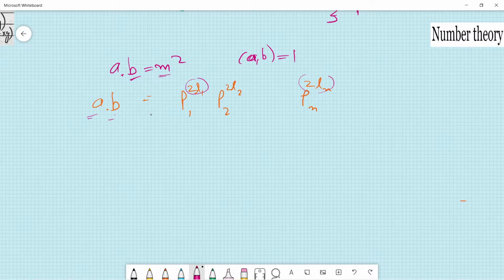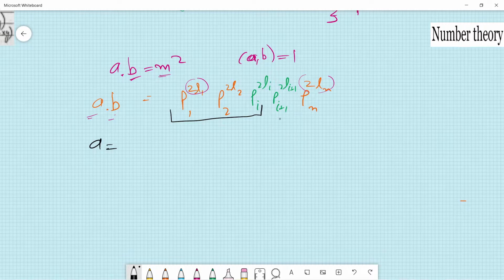So we can say that, say we had pi^2li here and pi+1^2li+1 was here. So a can be written as, say a was getting these first i primes, and b was the rest of the primes that were left.